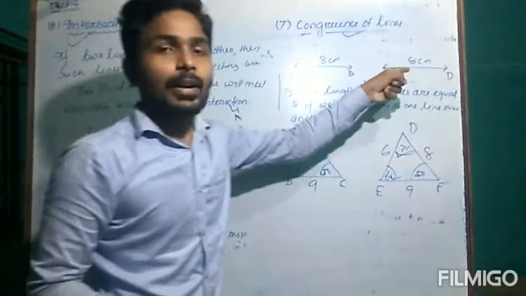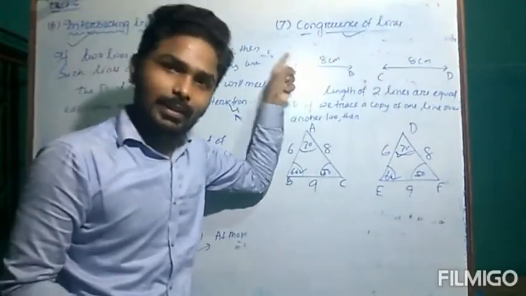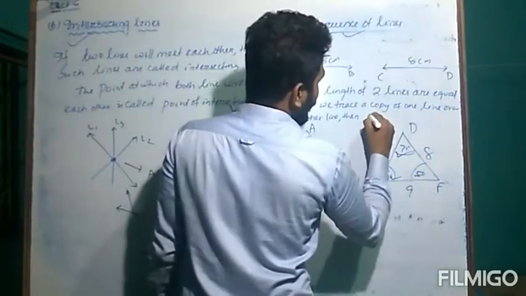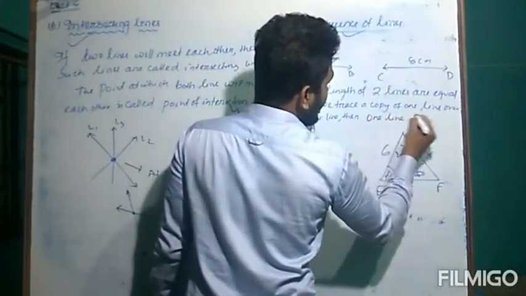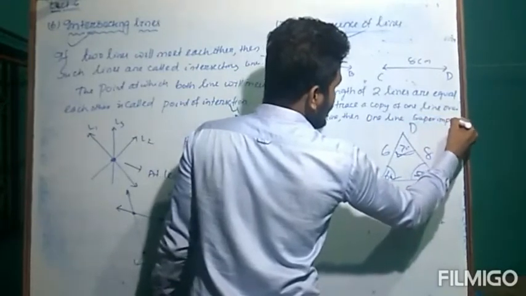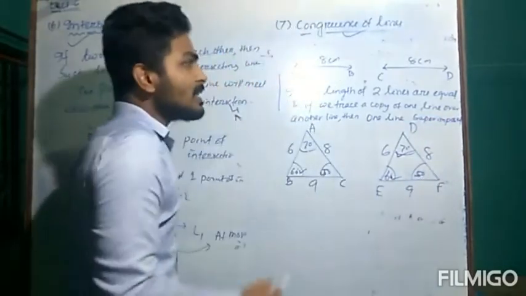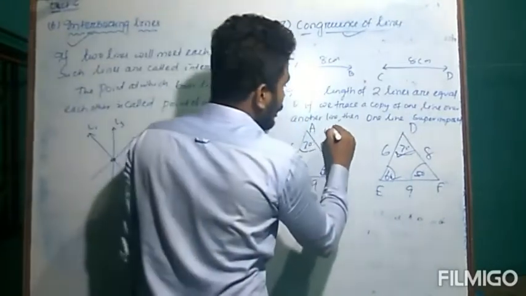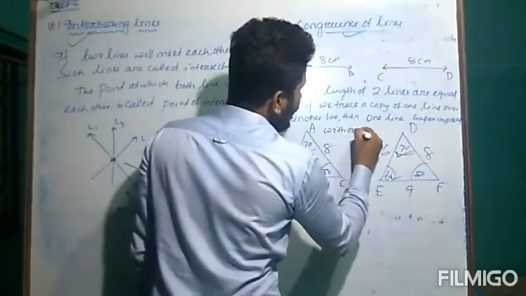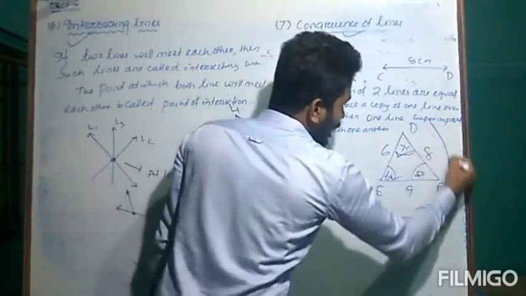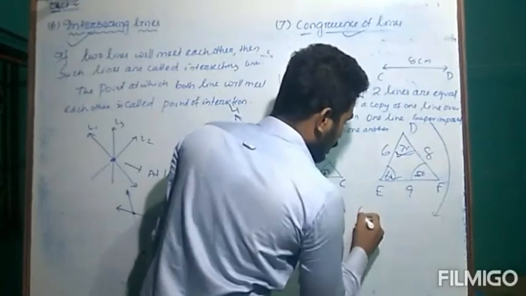Then this line completely covers that line. Then one line is superimposed. Superimposed means what? Superimposed means one line completely covers the other line. Superimposed with one another.